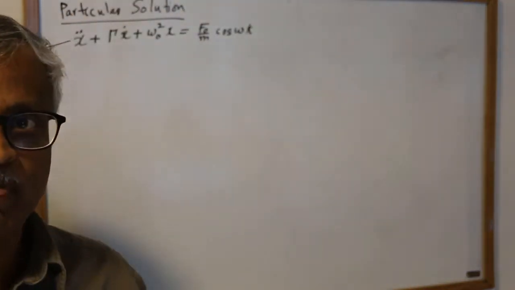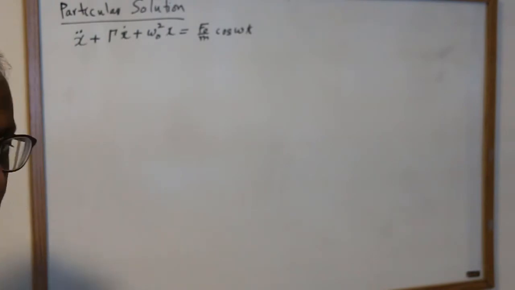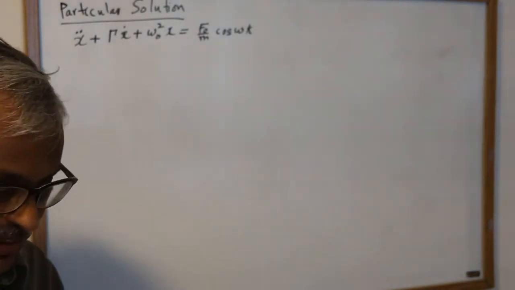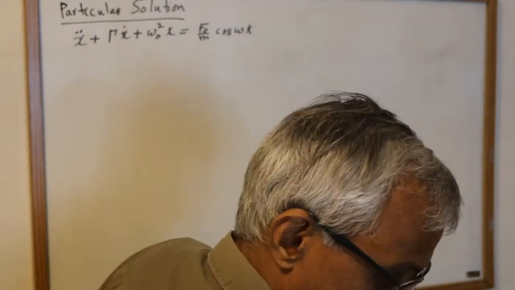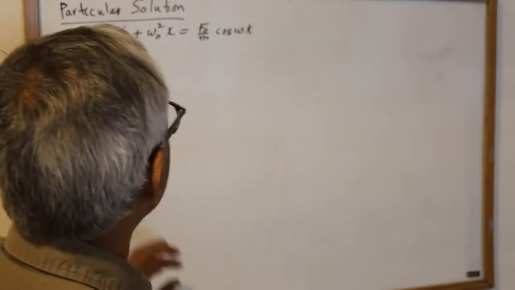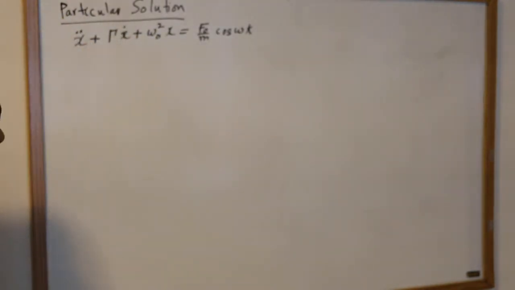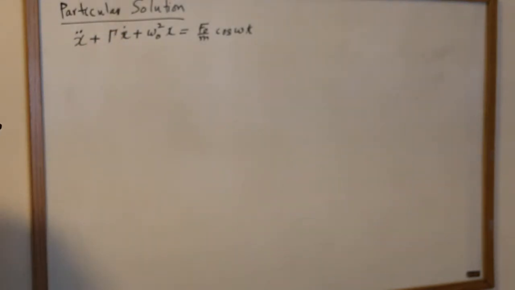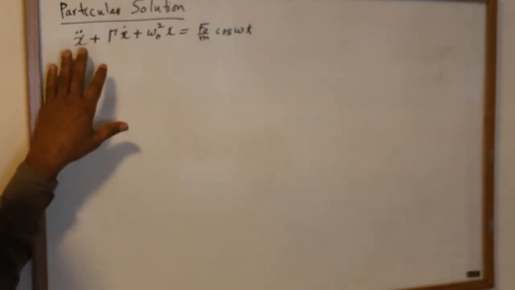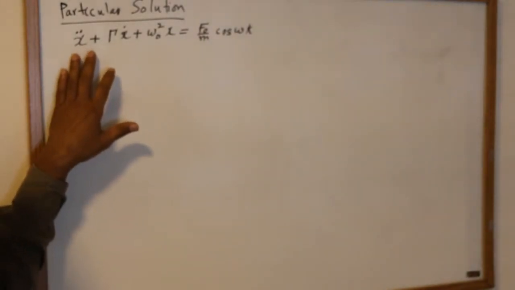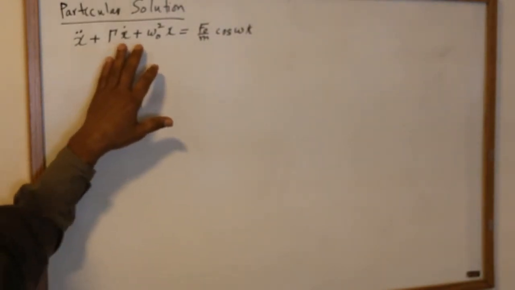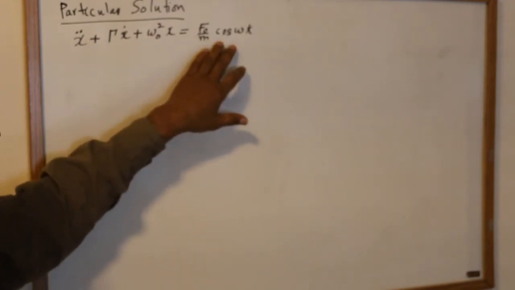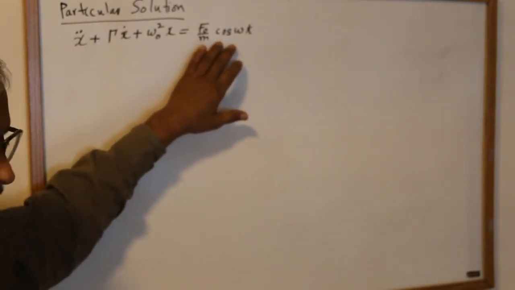Okay, we will record this video using a whiteboard today. We are solving this equation for a particular solution of this equation. Particular solution means a solution which has the information of the driving force as well.